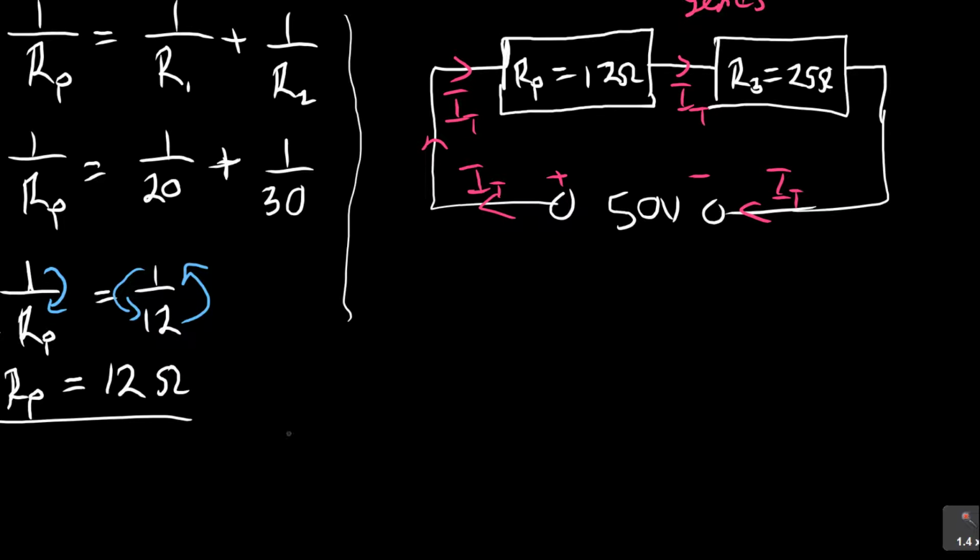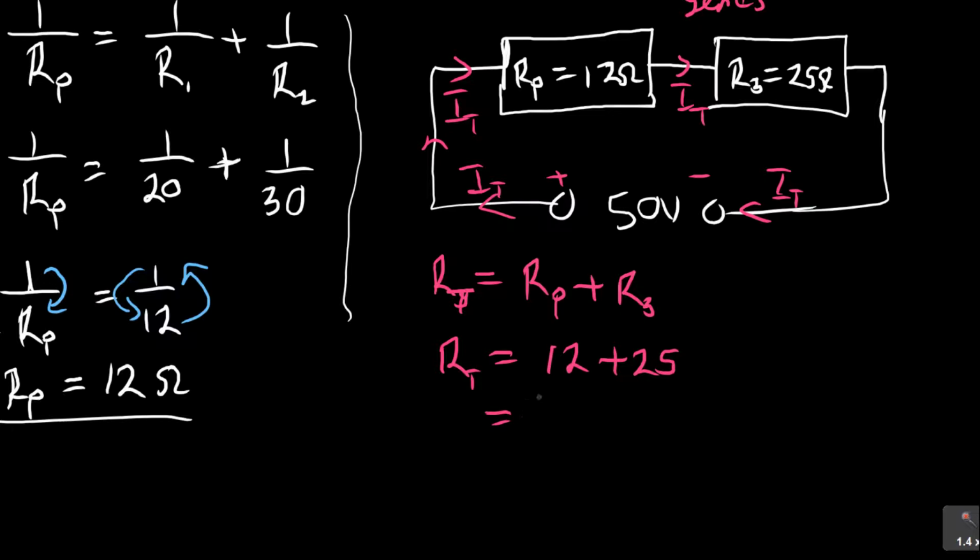You simply add them to say now our Rs, which is R series, is equal to Rp plus R3. But our Rs, which is our R total, you can actually use T instead to say the total resistance, RT, is equal to 12 plus 25. And then when you add that 12 plus 25, it is 37 ohms.